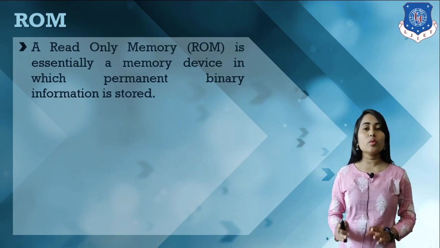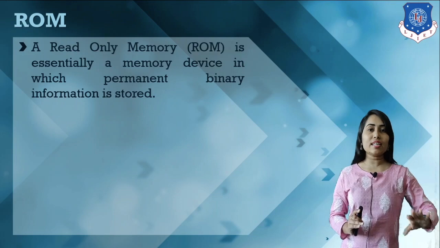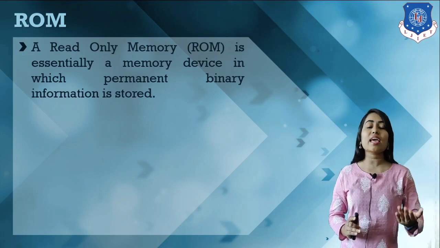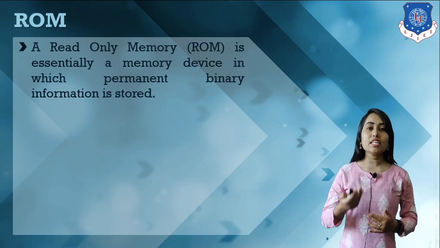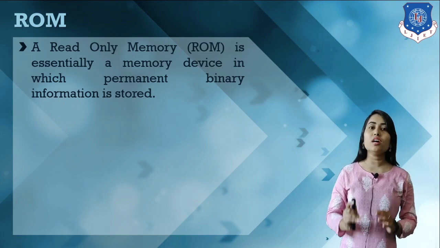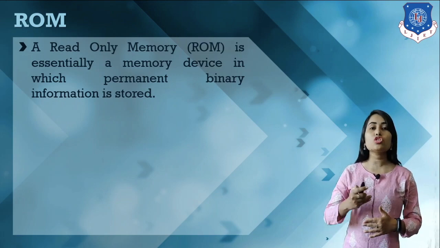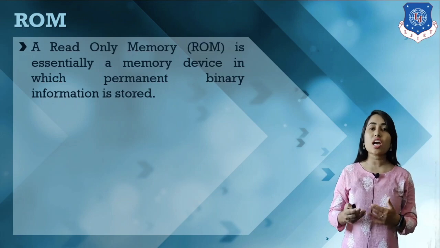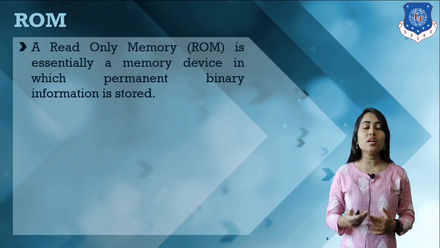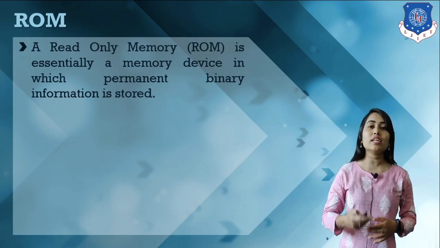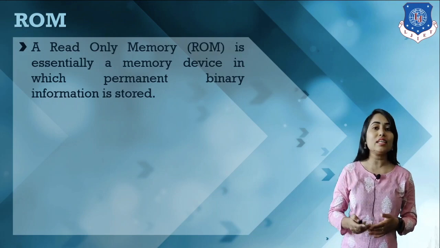That means the stored data can be read or retrieved from the memory, and all the data are permanently stored in the memory. So in a ROM we can store data which are permanent in nature.